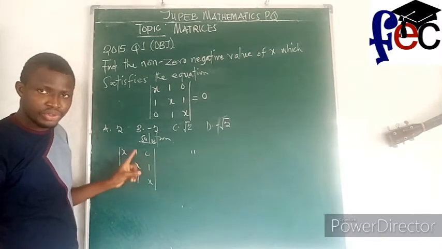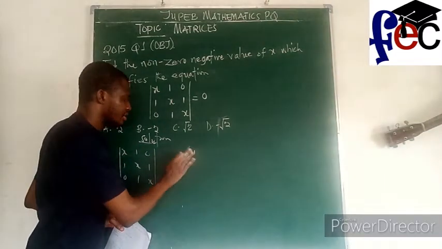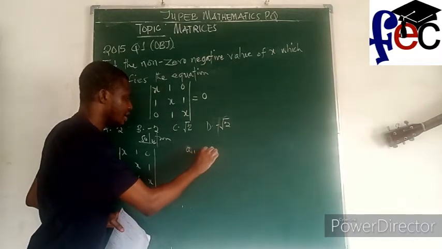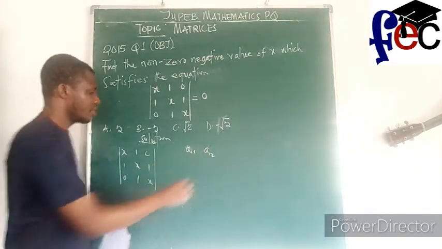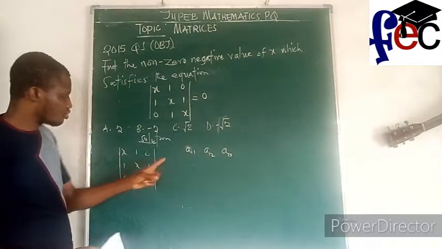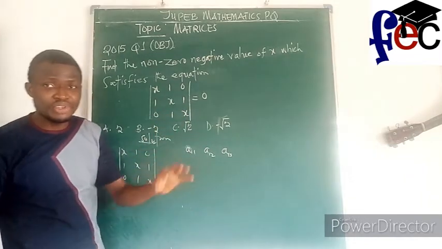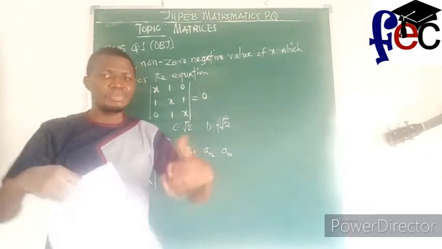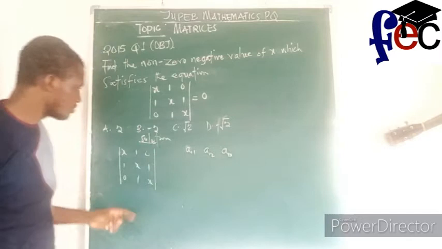First row, second column. x is like a sub 1,1, 1 is like a sub 1,2, and 0 is like a sub 1,3, which means first row, third column. This question is not difficult to solve. I'm just trying to explain so that in case you come across any other question you can apply it, and you don't just cram. Try to understand this concept.